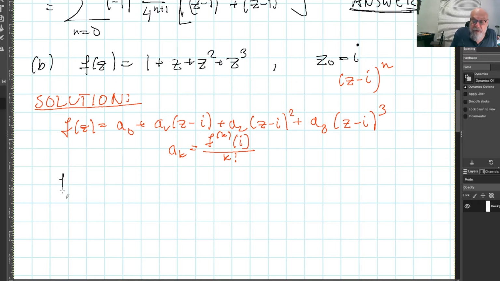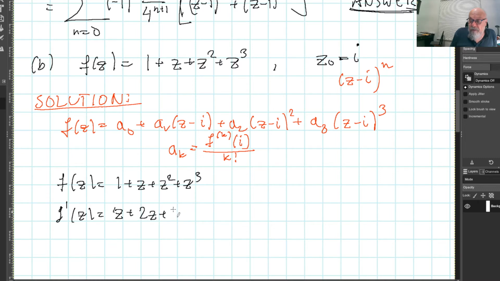So let's compute it. f of z is equal to 1 plus z plus z squared plus z cubed. f prime of z is equal to 1 plus 2z plus 3z squared.